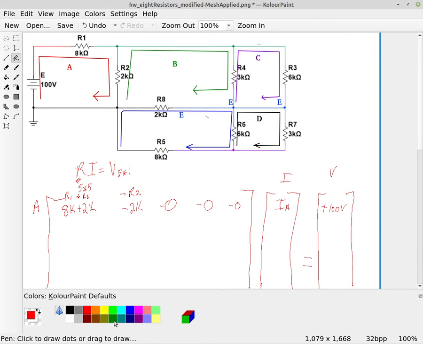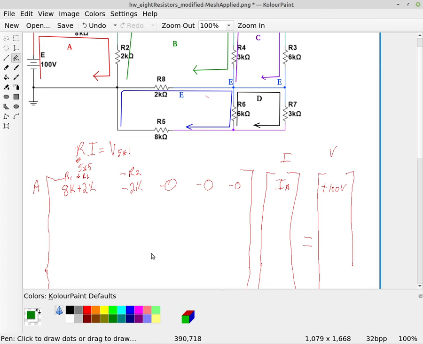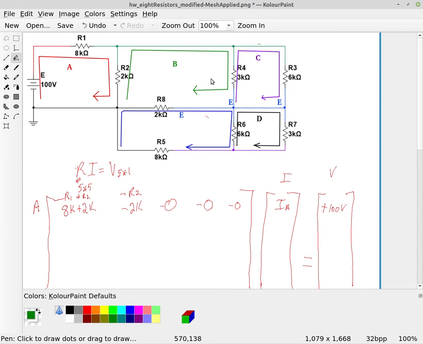Alright, so now we're going to go to loop B. Now loop B is touching R2. So now remember that we always have to be symmetric here. So this -2 here and then the 3 zeros are going to go down the row there. So this is my B row, and so I'm going to have the -2K here, which is due to R2.